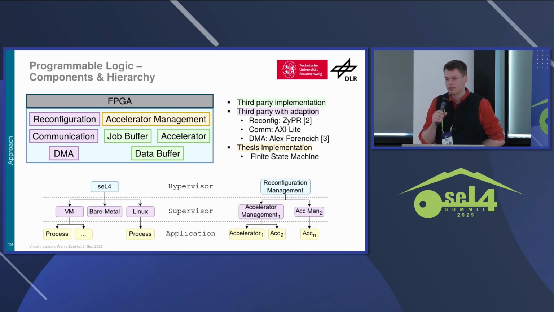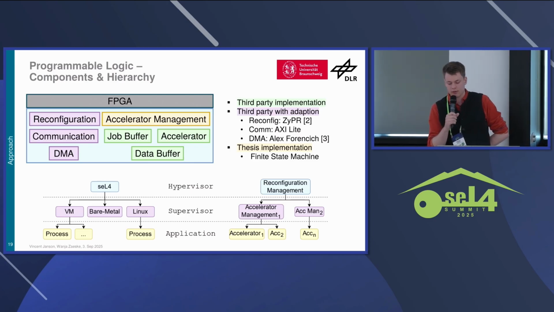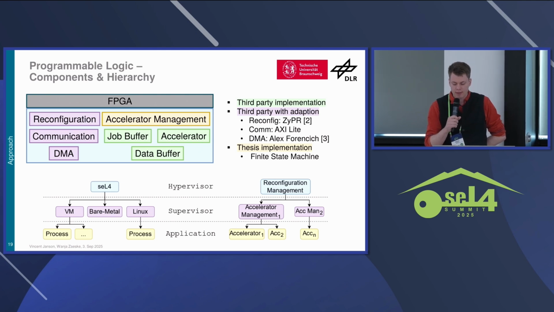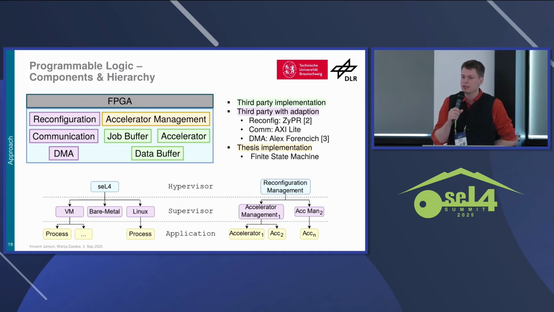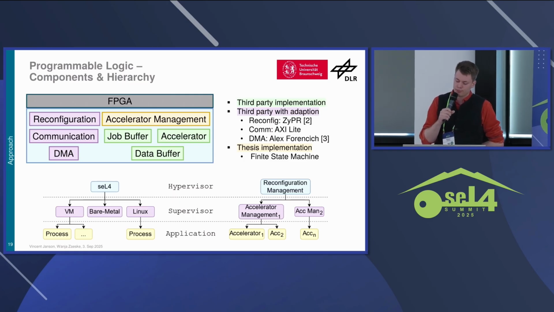And we found also some existing IP that could be customized to fit our use case. This is marked violet in the graph on the top left. In particular, some of the things also had to be implemented by hand. The most important one here is the accelerator management. That's essentially a state machine that's running on the FPGA, which is managing the different accelerator cores.